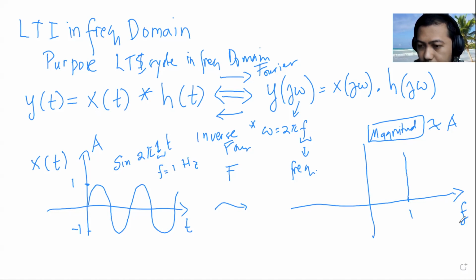The f itself has unity hertz. The signal looks like this. And since the frequency has negative and positive values, it becomes like this. Something like this. Yes, this is the magnitude.